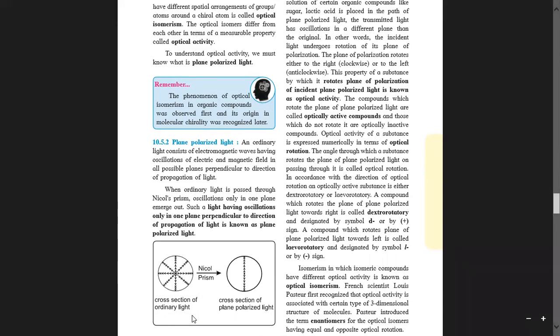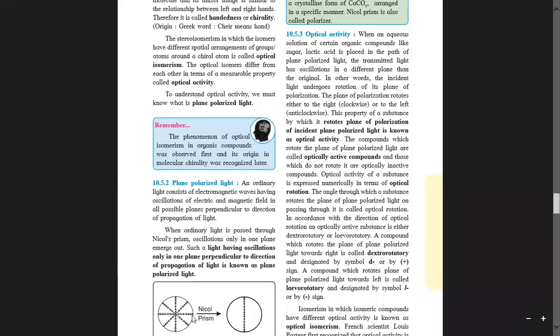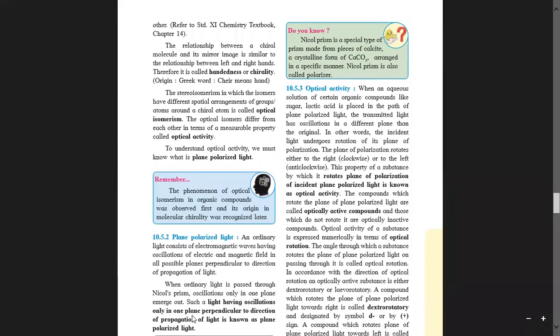So this is ordinary light and this is plane polarized light. Now we will study the definition of optical activity. It is the property of polarization. It is the property of a substance by which it rotates the plane of polarization of incident plane polarized light.